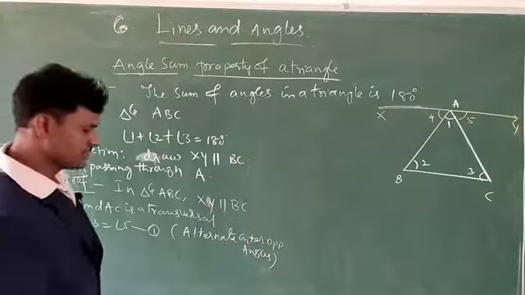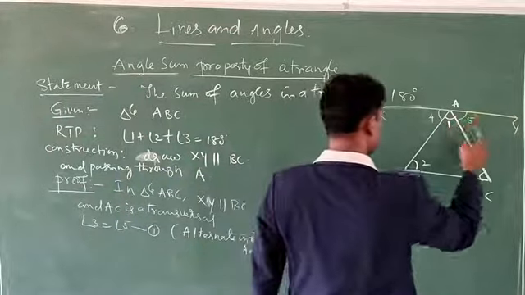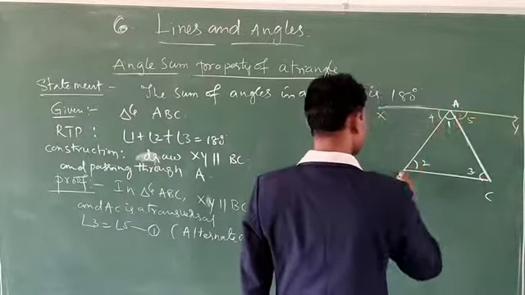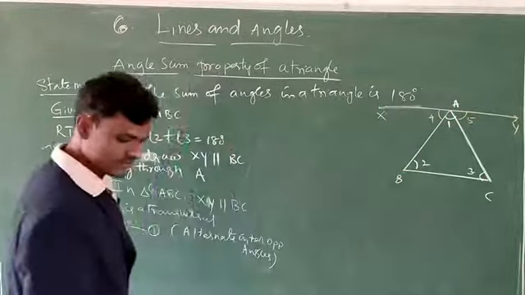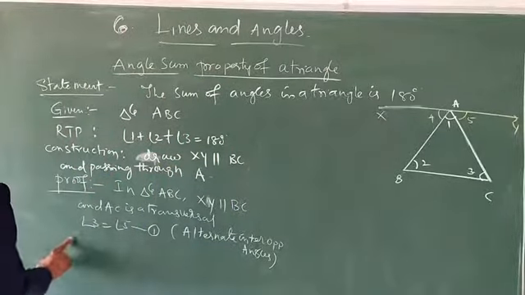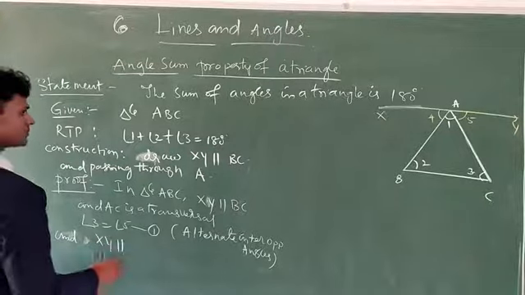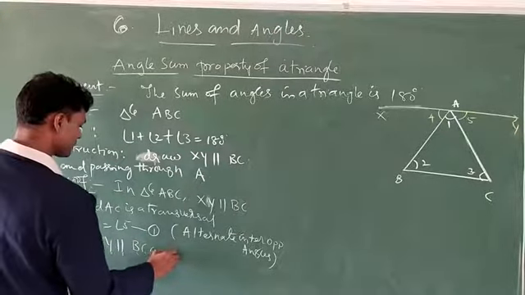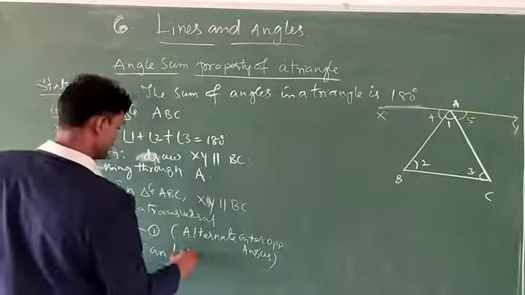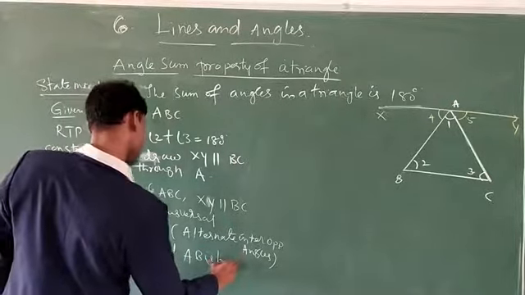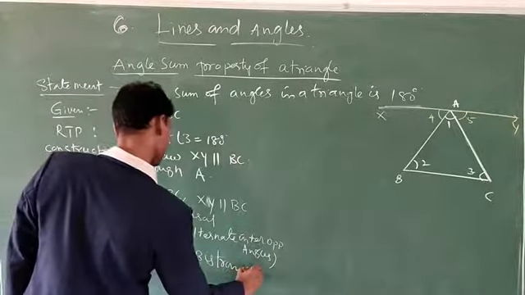Now see here. XY is parallel to BC and AB is a transversal line.